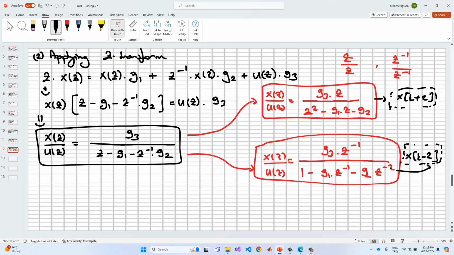Okay, and so another point is that if we have this equation here, we can check the stability of the system.